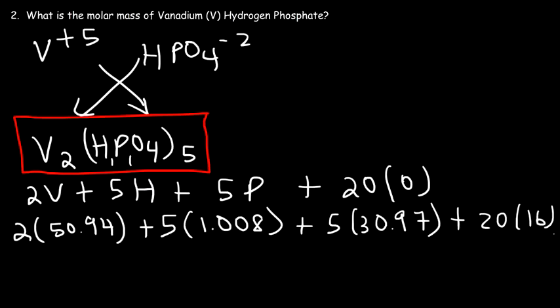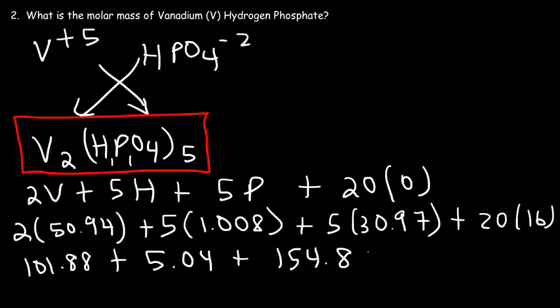First, let's multiply 2 by 50.94. That's 101.88. And then 5 times 1.008 is 5.04. And then 5 times 30.97 is 154.85. And 20 times 16 is 320.